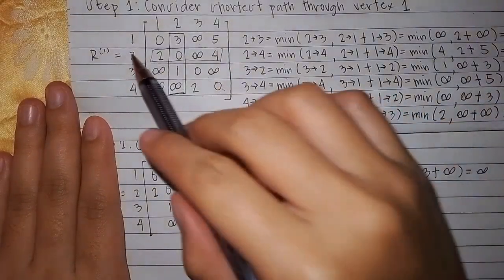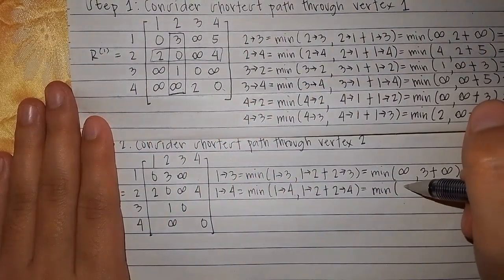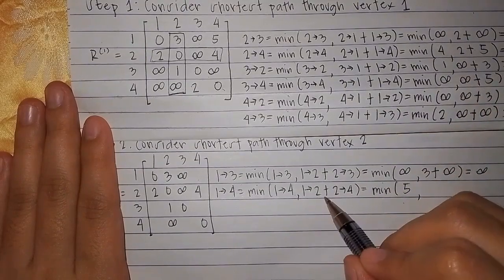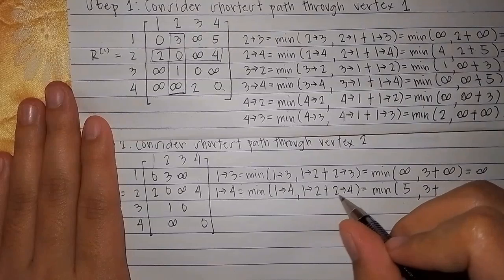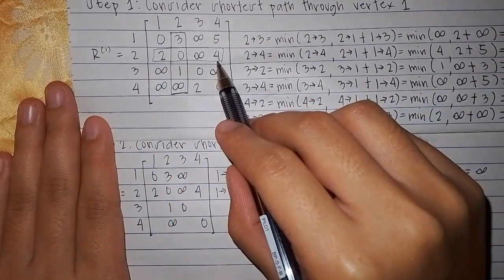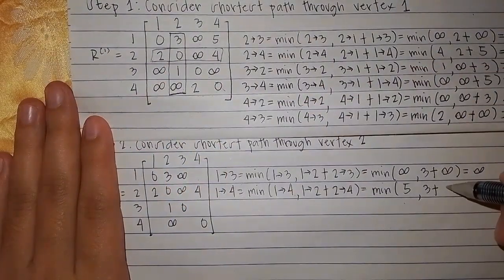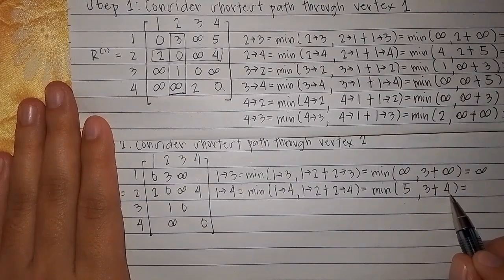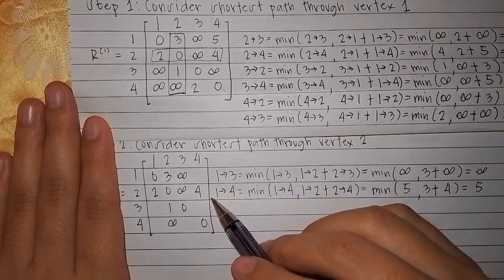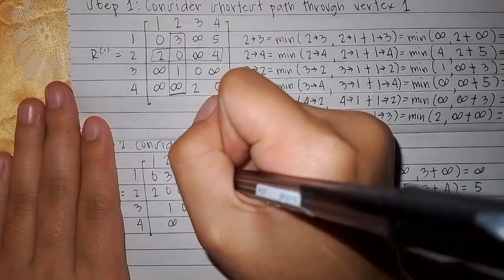So 1 to 4, as we can see, the distance is 5. And 1 to 2, the distance is 3 plus 2 to 4, the distance is 4. 3 plus 4 is 7, but the minimum here is 5. So we will get this as 5. So 1 to 4 is 5.